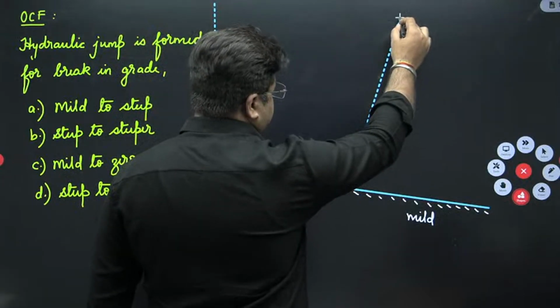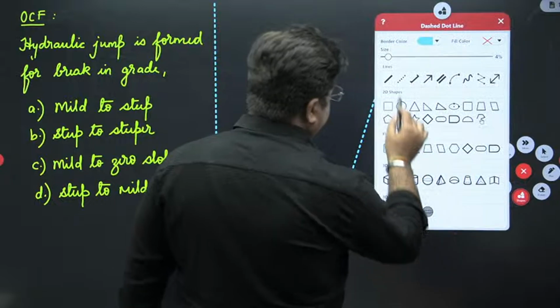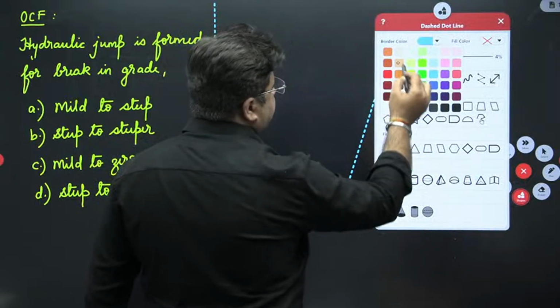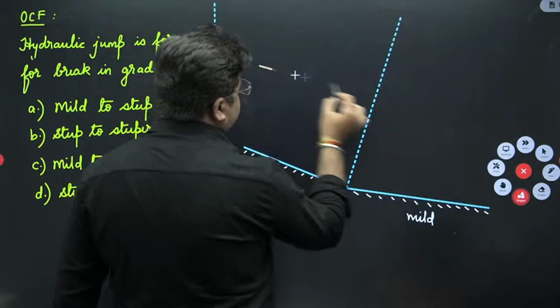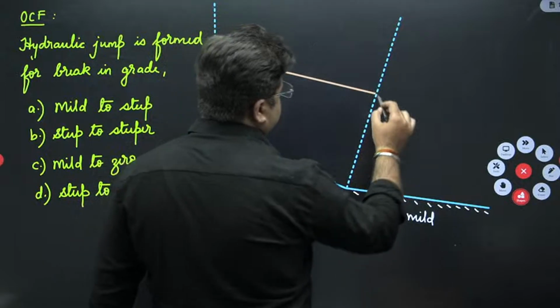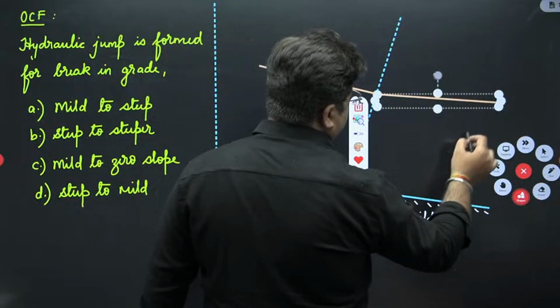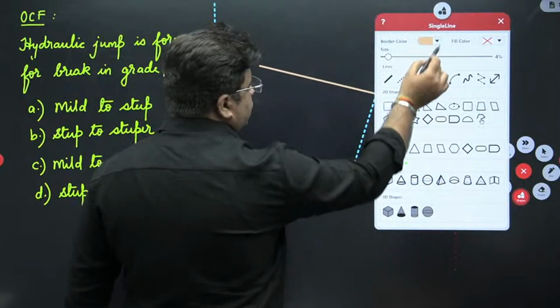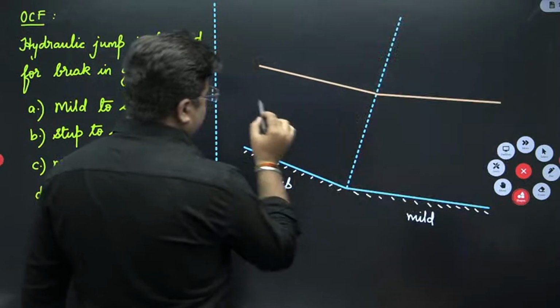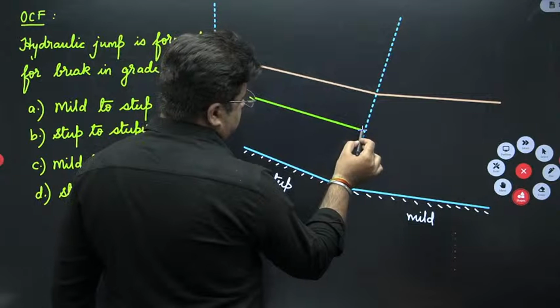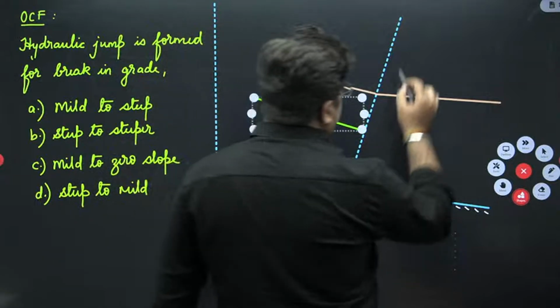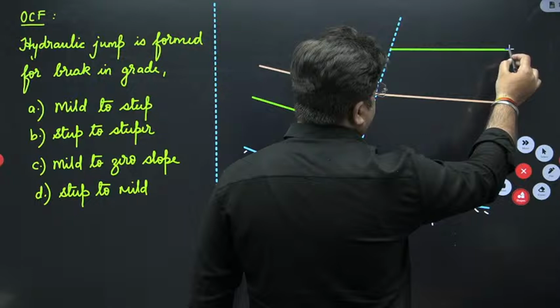For example, this is your CDL. CDL will go parallel to the base of your channel bottom, and this is your NDL.